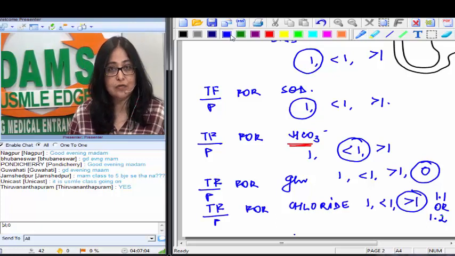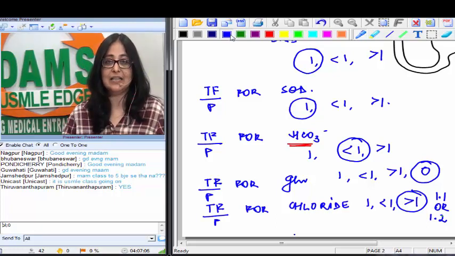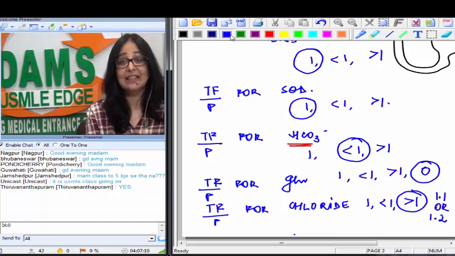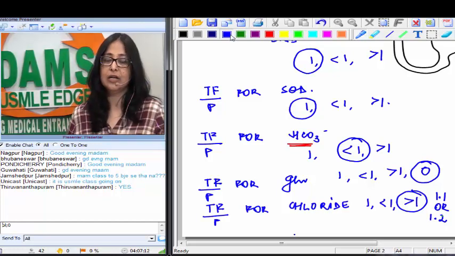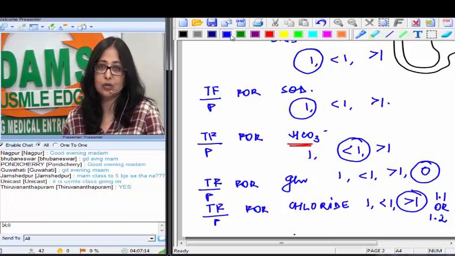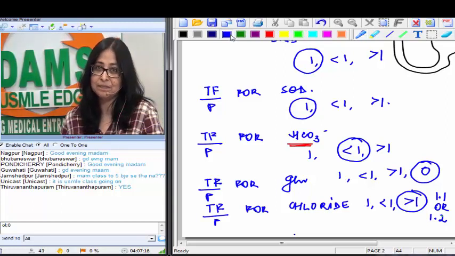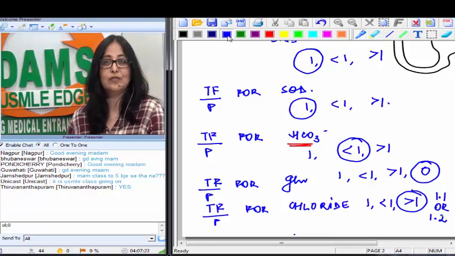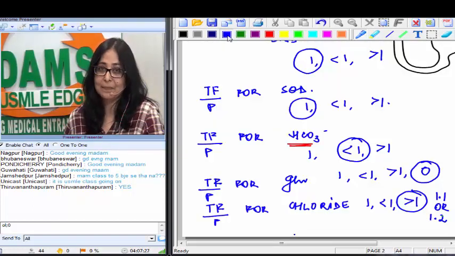The amount of chloride absorbed in the PCT lags behind the amount of sodium absorbed, right? And the reason for that is the absorption of very large quantities of bicarbonate in the PCT. So the tubular fluid concentration becomes slightly more for chloride, and the TF by P ratio now becomes more than 1.